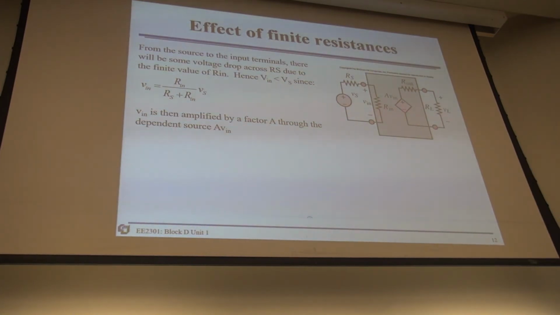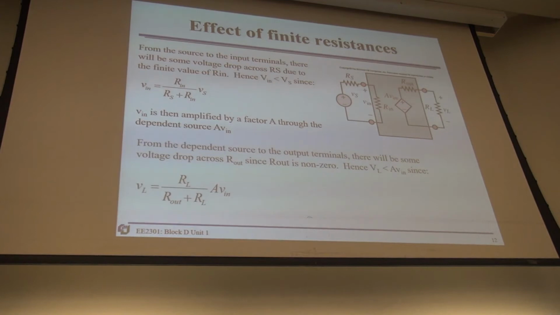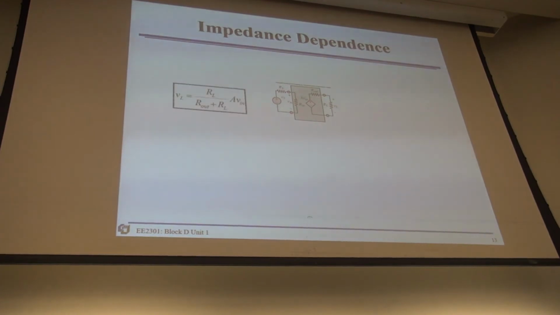Then VL across to here is also a voltage divider. It's A V in here, and this one is RL divided by this added to this. This is simple.